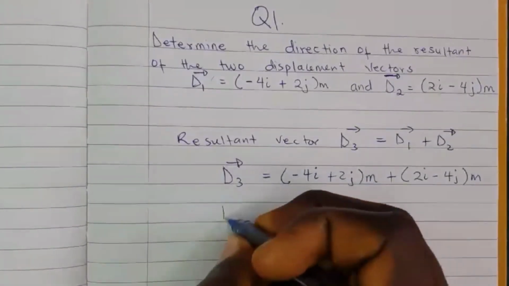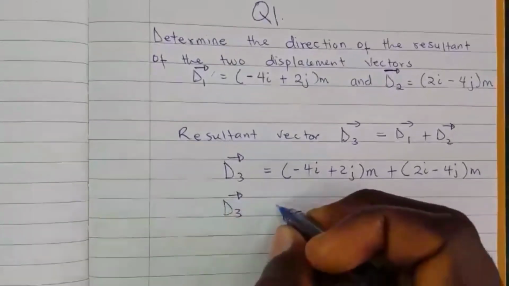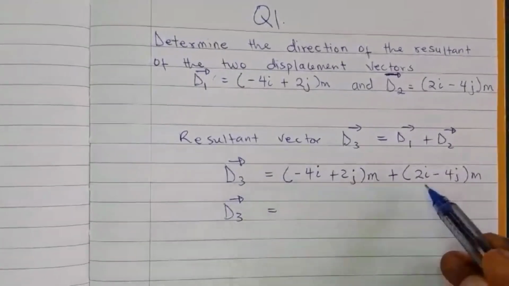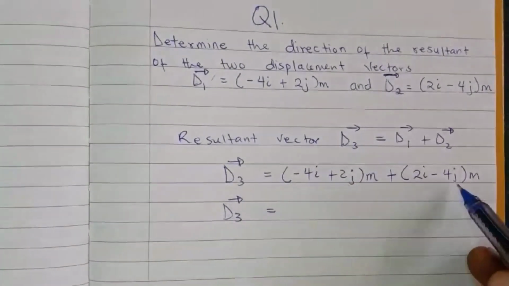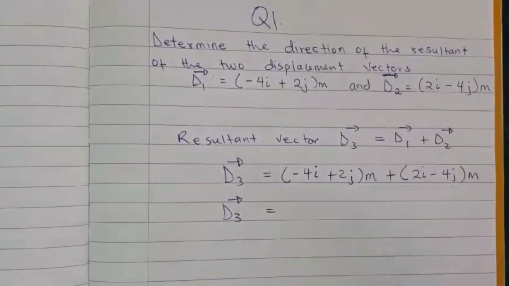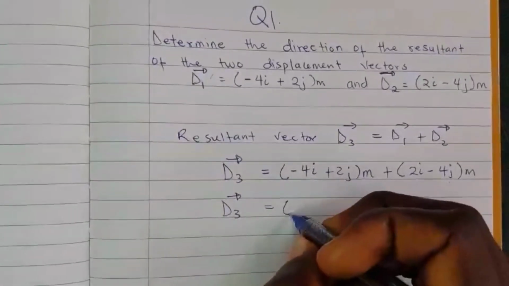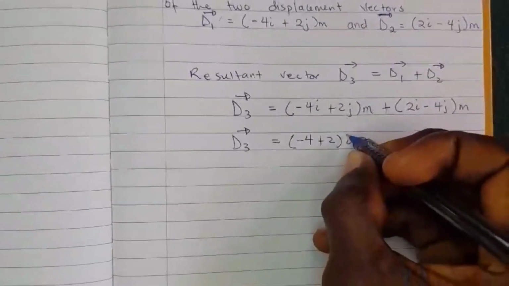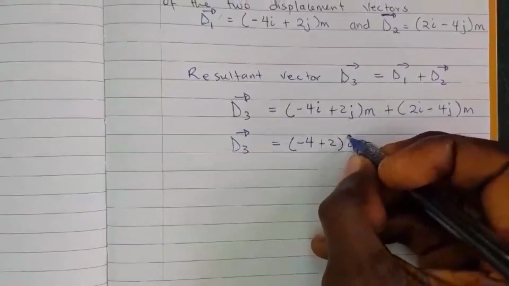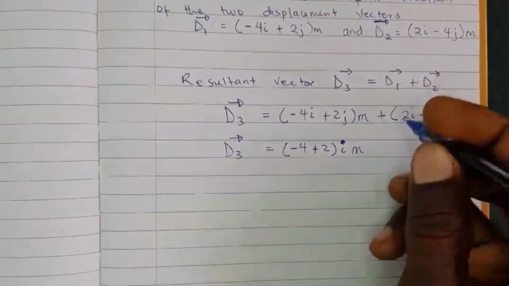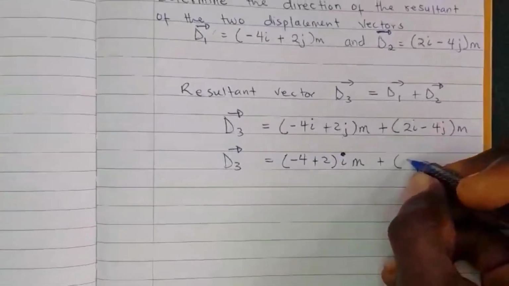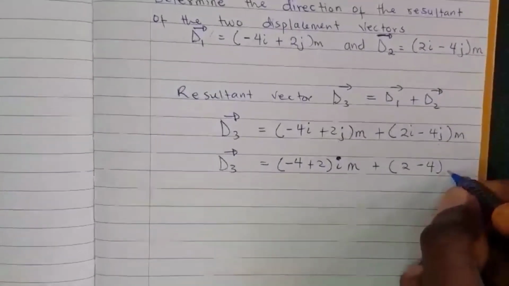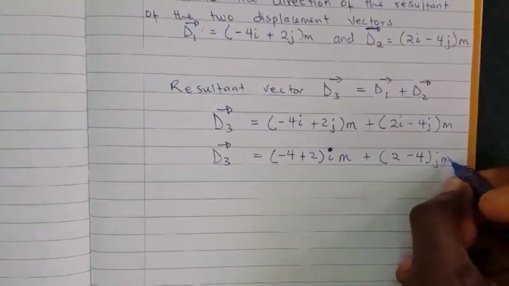So d3 is equal to, over here we add the components: we add the i's and we add the j's. That's how we add vectors. So we have in brackets minus 4 plus 2, times i in meters, plus in brackets 2 minus 4, times j, also in meters.